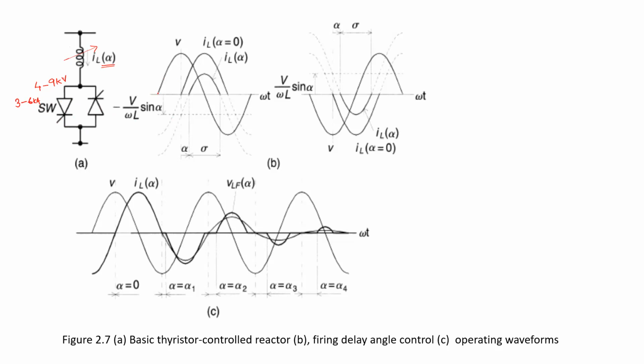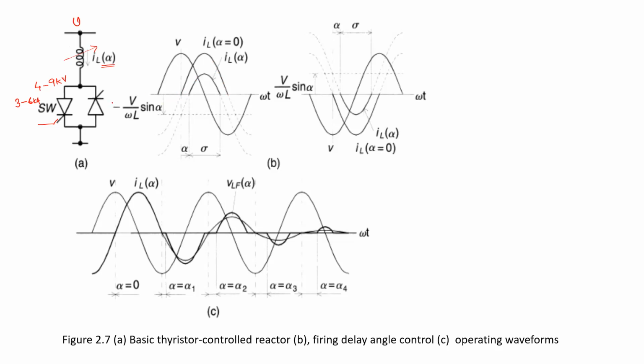Now, this is the system voltage, the voltage V, and this is the waveform for the voltage. Now, if the thyristor is fired with the help of the gate without any delay, meaning the delay angle is equal to 0, it is going to conduct in the positive half cycle with no delay.